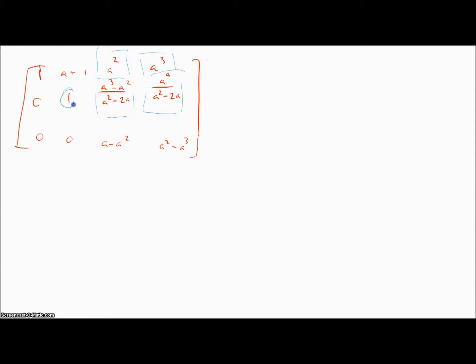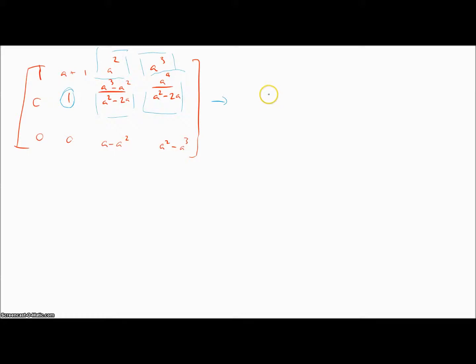But now I get my 1 here. I need a 0 here, which is convenient, and then I need a 0 up here. So I need to think of a linear combination of these two rows that gives me 0 here. I can't really use this row. It would never work out.